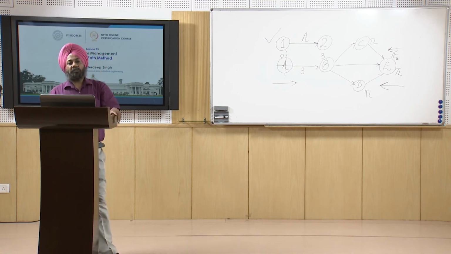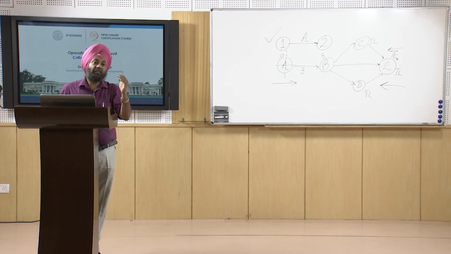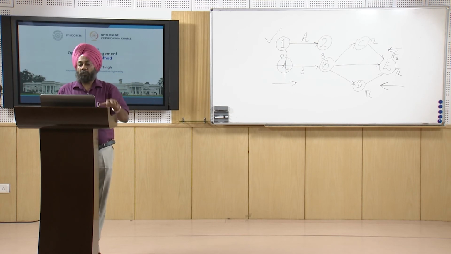What is the information required? We have to have the activities. They are named A to M, and the description of each activity is given here. Time required for each activity is given in days, and the immediate predecessor activities are also given. Predecessor activities, as we said in the previous session also, are the activities which precede a particular activity.